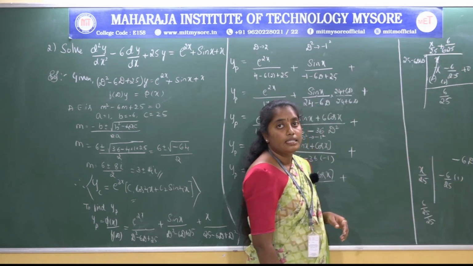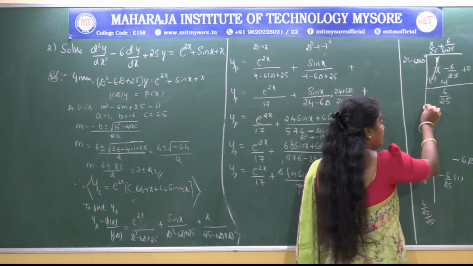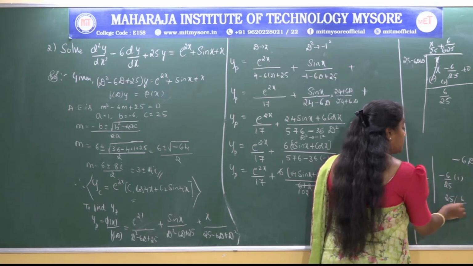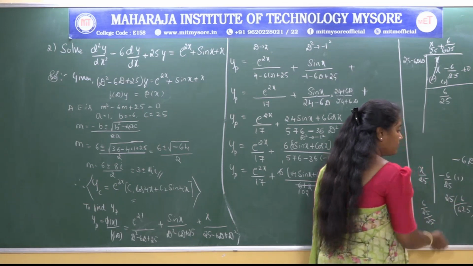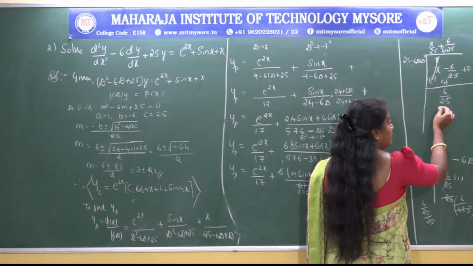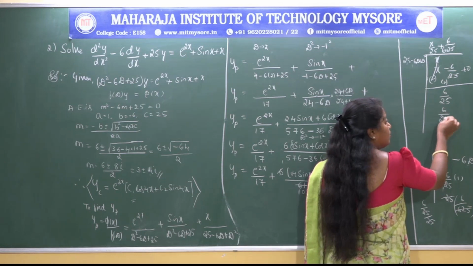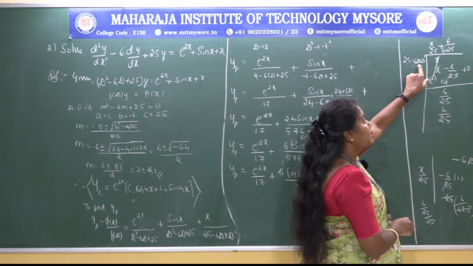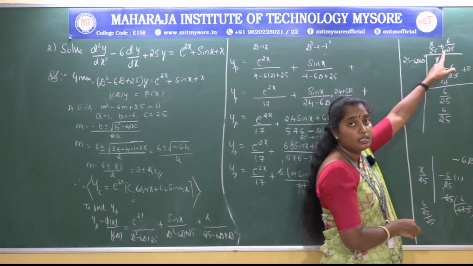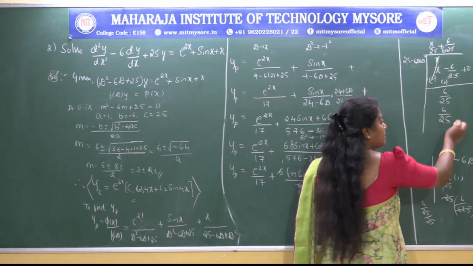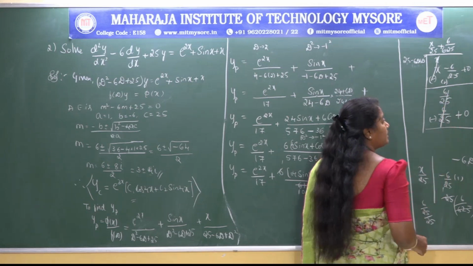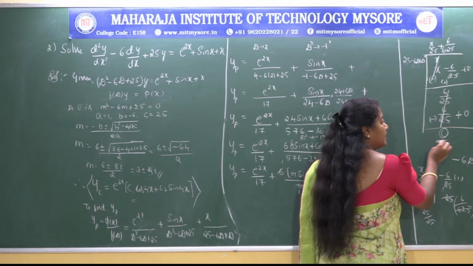So now multiplying that, 25 into 6 divided by 625. Simplifying this, the resultant term is 6 by 25. Next element, minus 6d into 6 by 625. Since 6 by 625 is a constant term, differentiating that we get 0. So the remaining term is 0. Simplifying this, the minus and plus terms get cancelled. We get a 0 remainder.